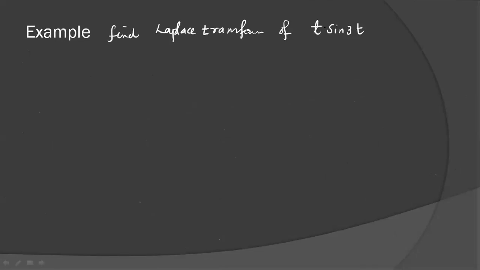You can see it's a multiplication of t in this function sin 3t. Let's see what is the Laplace of sin 3t. Remember my lecture 1, I told you the Laplace of sin at was a over s square plus a square.